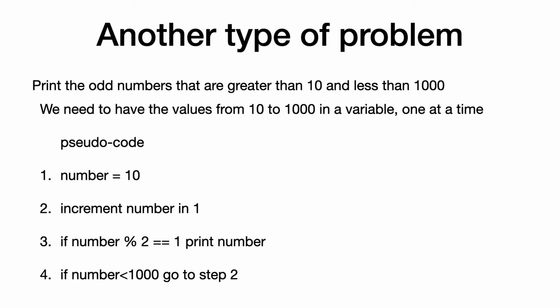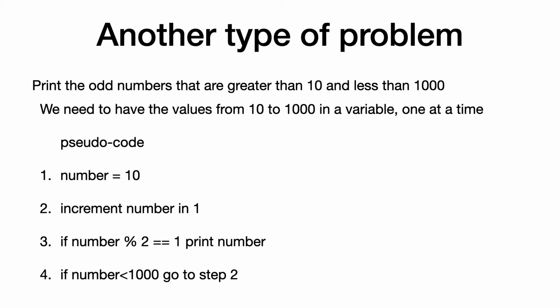When in step 4 we go again to step 2, we increment the number by 1 again, and then it will be 12. And so on, 14 and 15, until it is 1000. In that case, when it's 1000, the condition in step 4 will be false and the algorithm will finish.